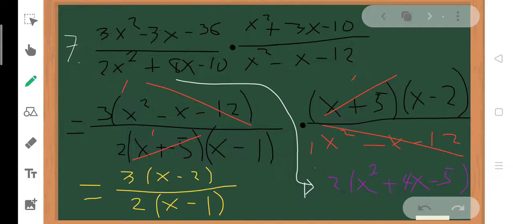So what remains are 3 times 1 times 1 times the quantity of x minus 2, so we have 3 times the quantity of x minus 2 all over 2 times the quantity of x minus 1. So this is already in simplified form.